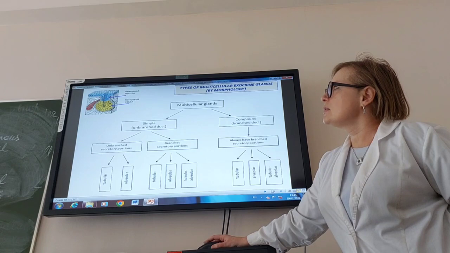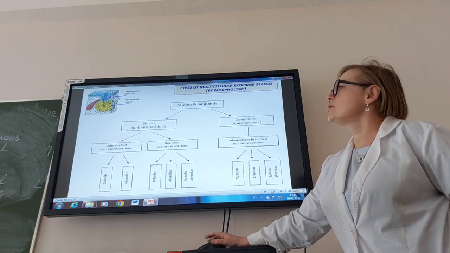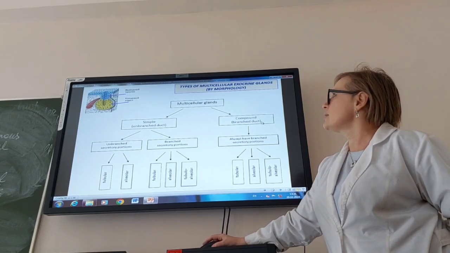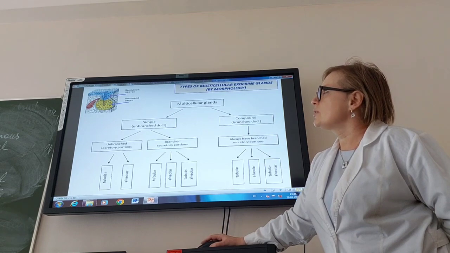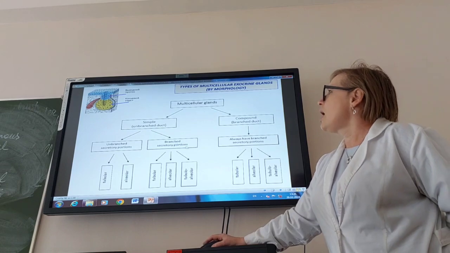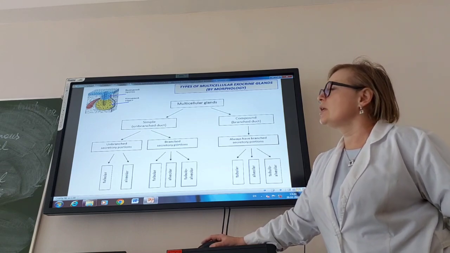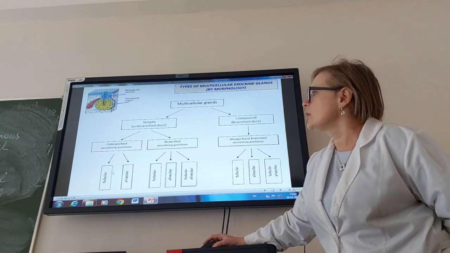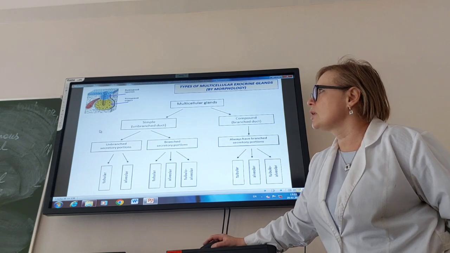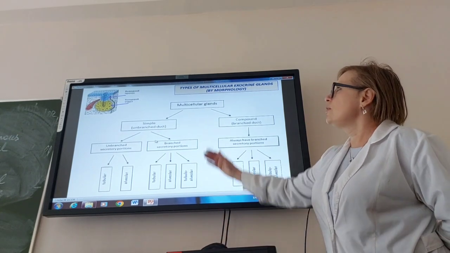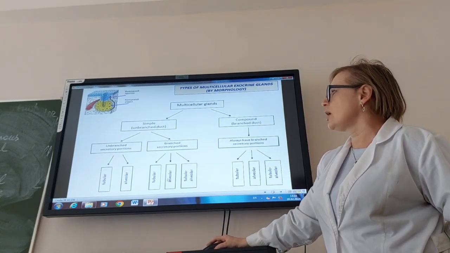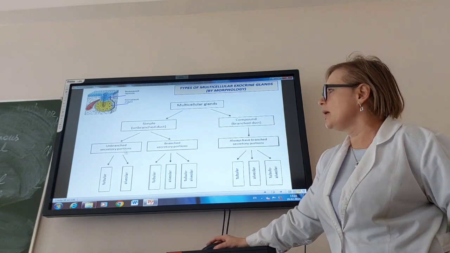If we can see a lot of branches, we classify such gland as compound. After that, secretory portion can be unbranched or branched. Shape of the secretory portion also can be different: alveolar or round as here, or tubular, which is flattened. So, full classification of glands can be simple branched alveolar or simple unbranched tubular.